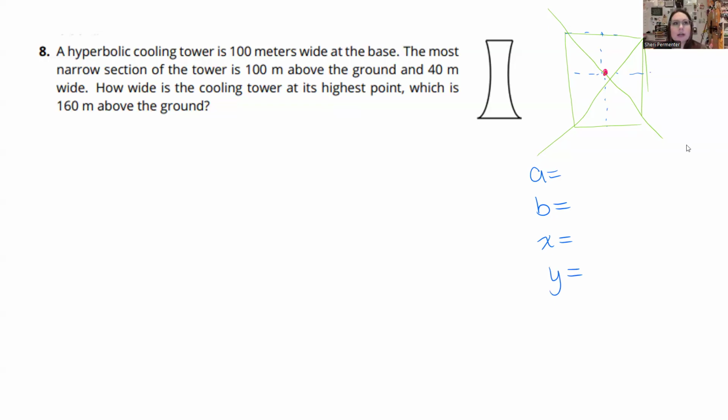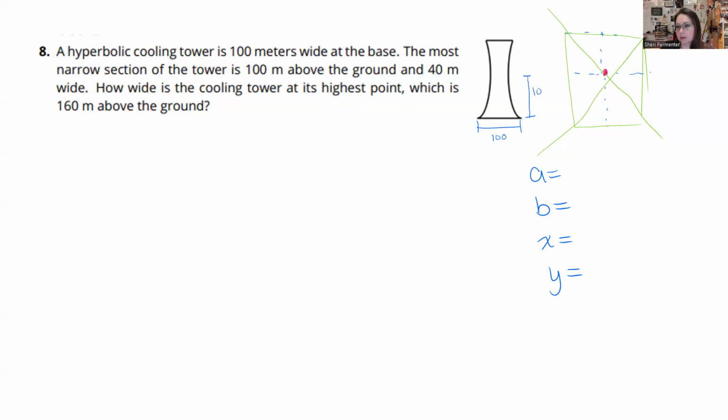So what we're going to do is look at what we know. The cooling tower is 100 meters wide at the base. So that's cool, I know that it's 100 meters wide at the base. That distance is 100. I also know that 100 meters above the ground, that's where the shortest piece is. Sorry, the skinniest piece.